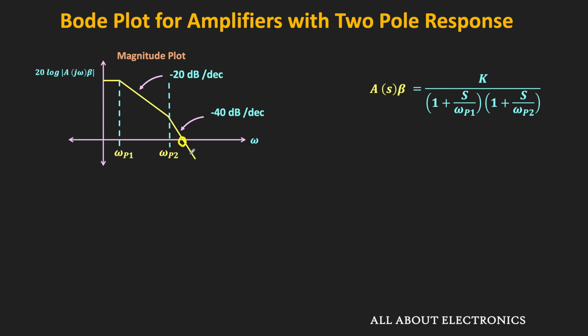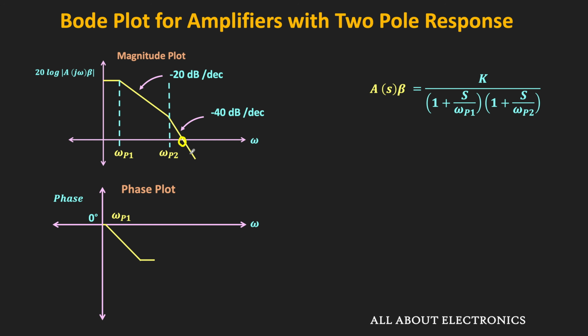Alright, similarly, now let us see the phase plot. As you can see from the plot, here we do not have any zeros, but we have two poles. Initially, the phase shift will be equal to 0. From 0.1 omega p1 onwards, the phase will start reducing, and it will reach minus 45 degree at omega p1.